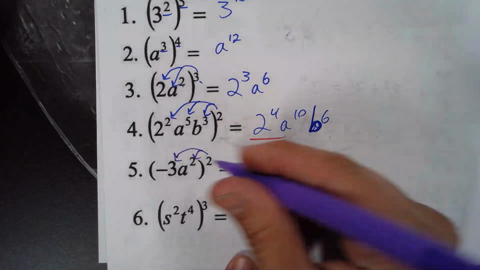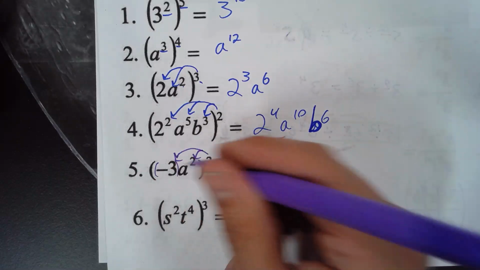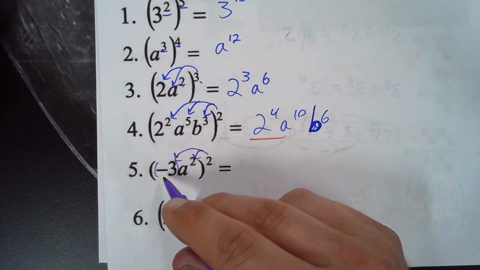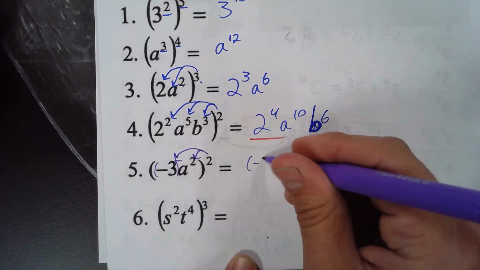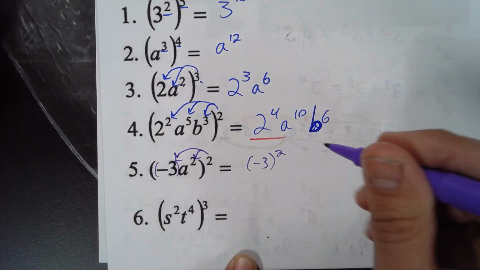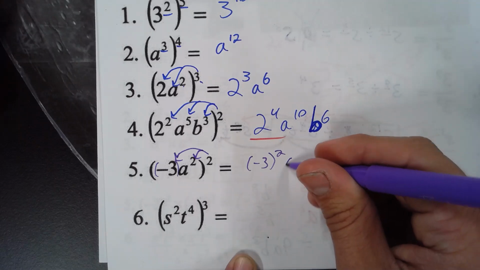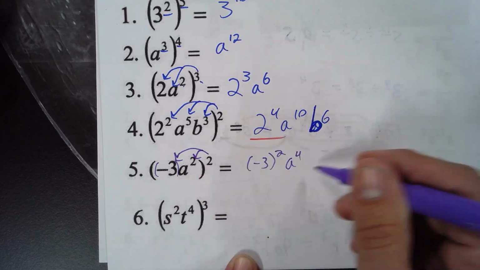So I'm going to take that whole negative 3 right here. That one's a little bit tricky just because of that negative sign. But you would have negative 3 to the second power times a to the 4th power, because 2 times 2 is 4.